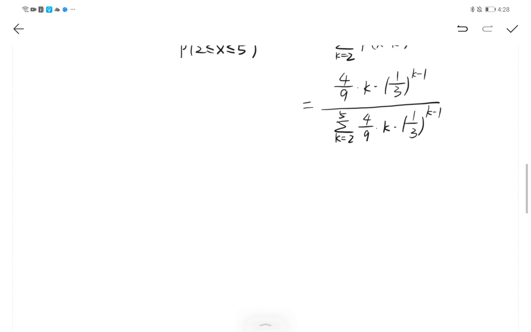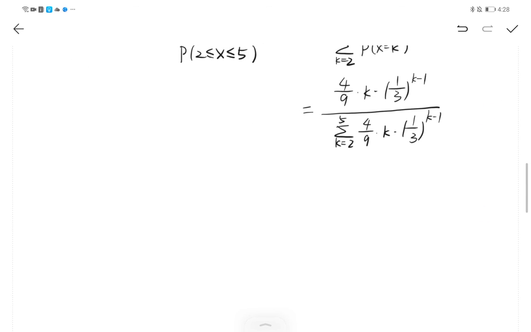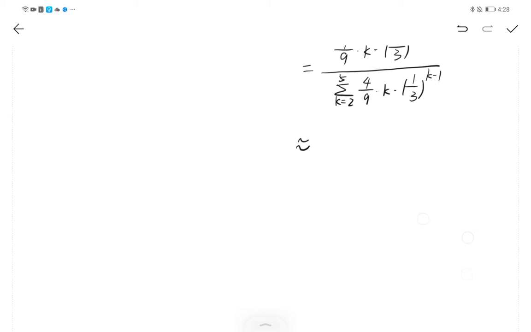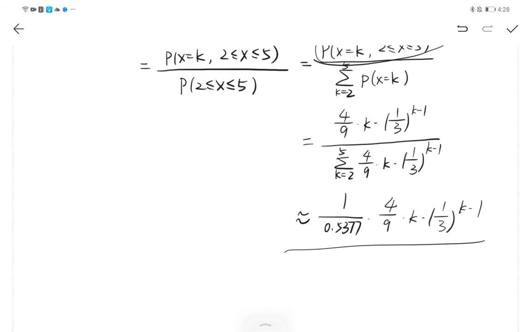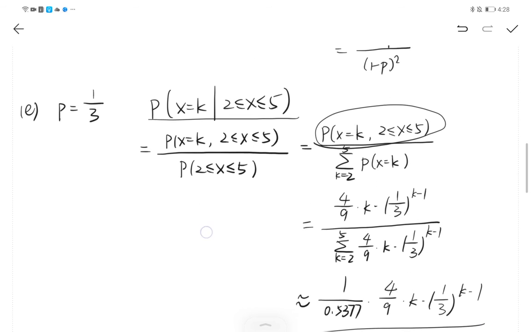And we can get this form. It equals 1 over 0.5377 multiply 4 over 9 multiply k multiply (1 over 3) to the power k minus 1. That's the result of this form.